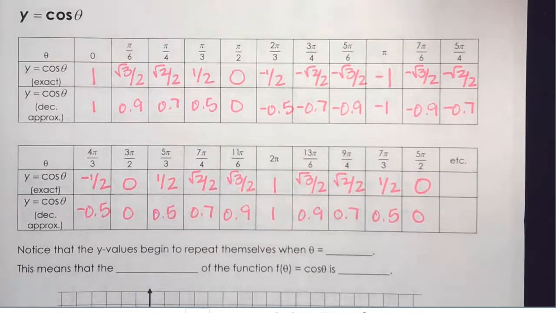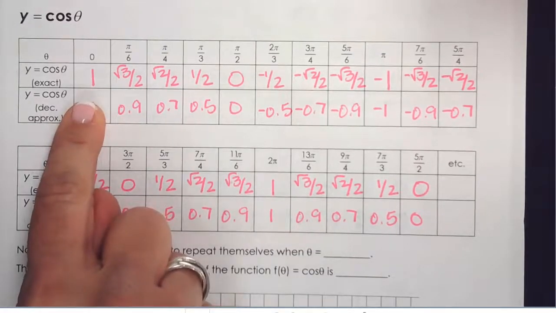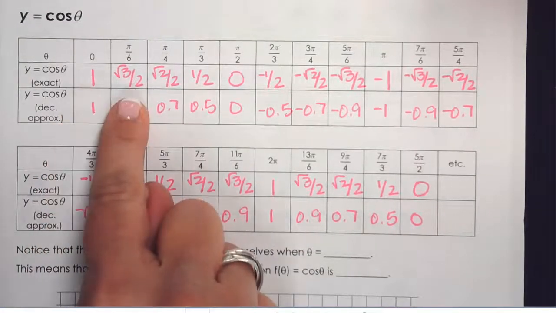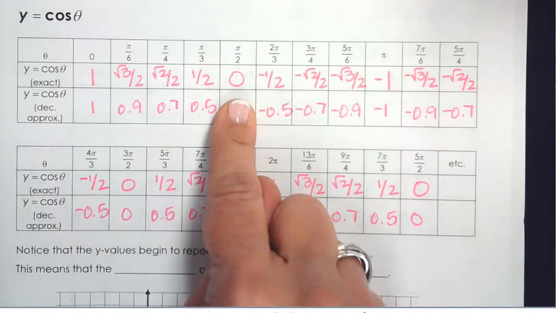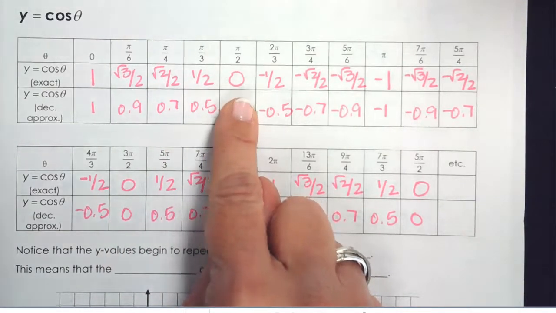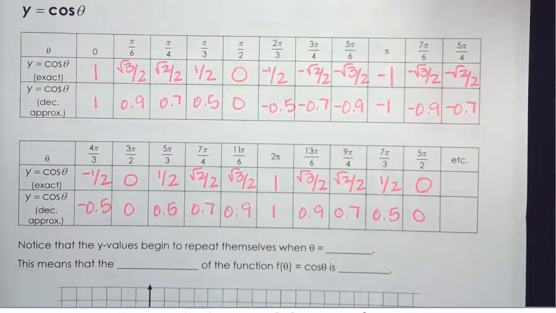Okay, so these are the values. This time, when we start at 0 and we think about the x values, the x value at 0 is 1. Then root 3 over 2, root 2 over 2, 1/2, 0. Then we start getting into negative x values, etc. Do these look okay? All right.